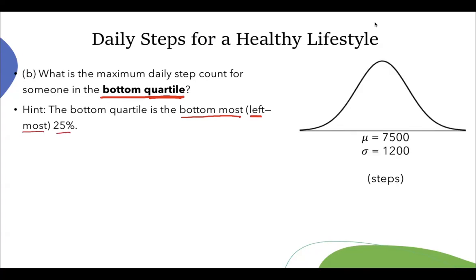Make a picture of that, and the same concept applies here. When I make this vertical line, the shaded area represents all the people with step counts in the bottom 25%.